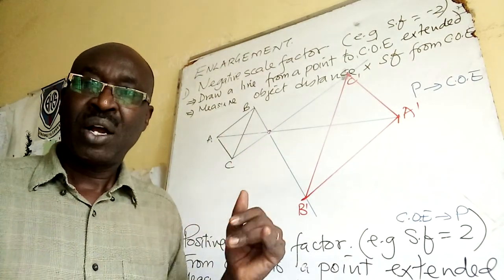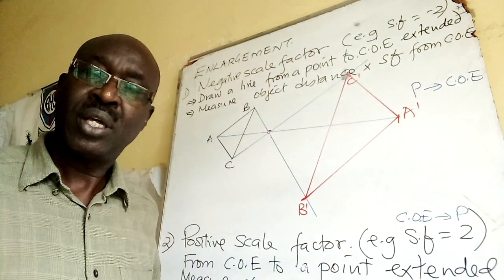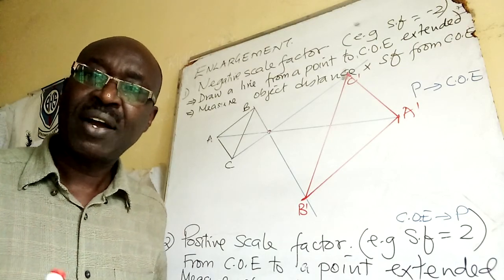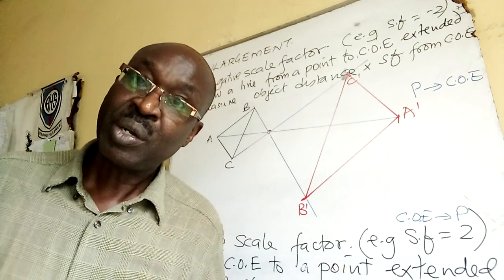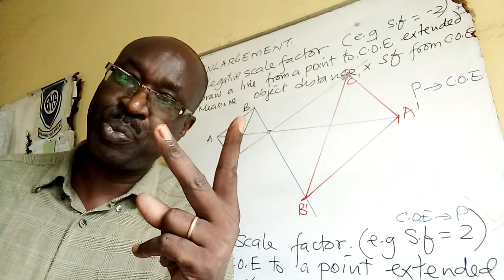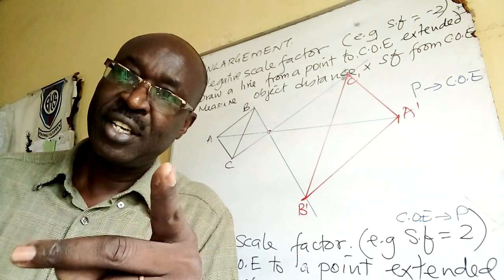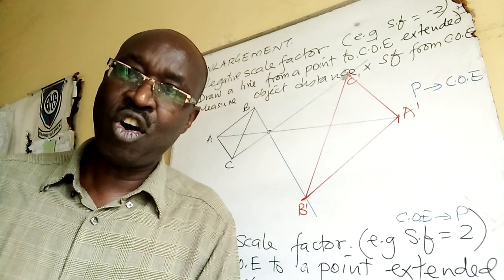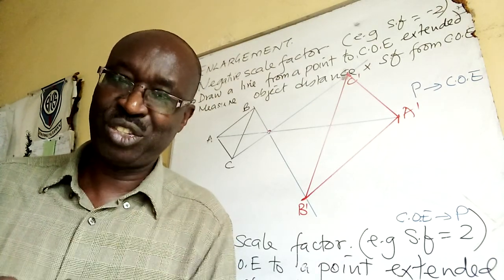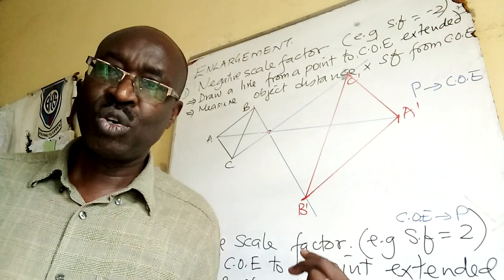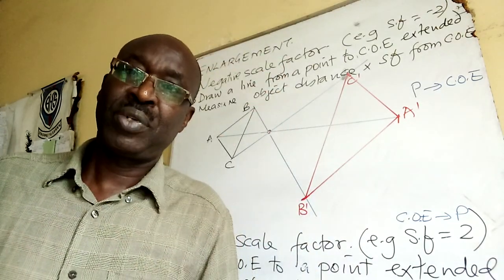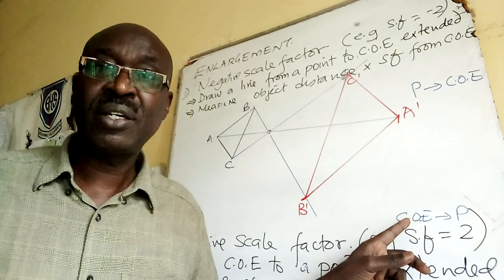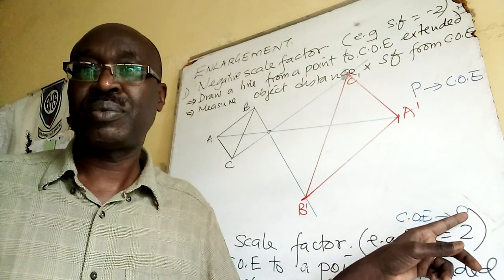Remember, we normally start with positive scale factor. And we are dealing with the displacement basically. Displacement has two aspects, size and direction, or magnitude and direction. Okay? So in positive scale factor, it is from the center of enlargement to the point.